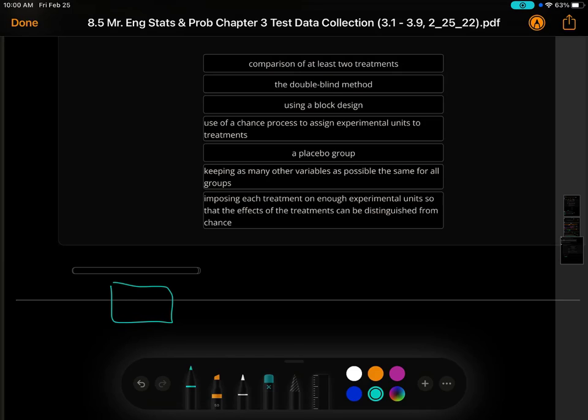Well, your experimental units should have some kind of chance process or random. So chance process is the first one I would do, right? And then I want to give them some kind of variables in how I selected these people, keeping as many other variables as possible the same for the group. So this would be my second choice.